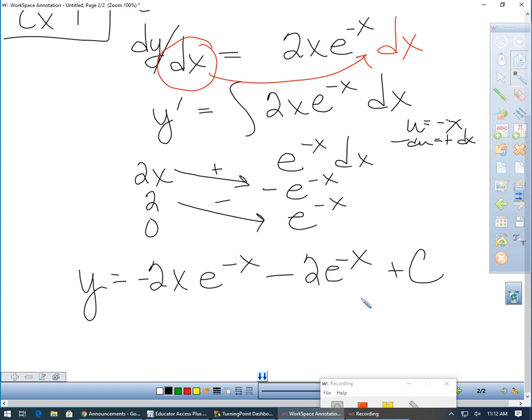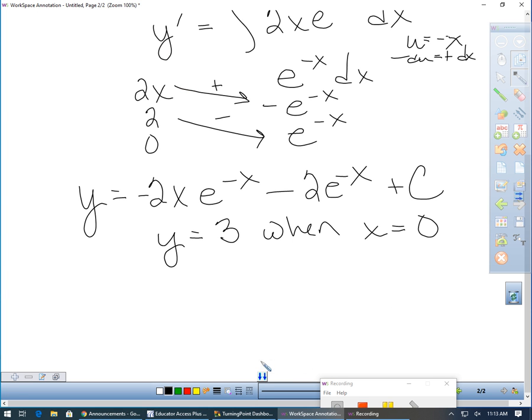plus c. Okay? Then, of course, at the beginning, it's going to tell you that y equals, let's say, 3 when x equals 0. So this is where we plug the stuff in, find c, and then we back substitute.